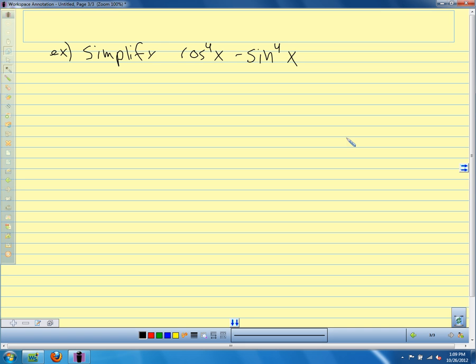So we had a double angle identity for cosine. So we know we have an identity, so that's a good place to start. Our identity says cosine of 2u equals cosine squared u minus sine squared u. Well, this looks kind of like that.